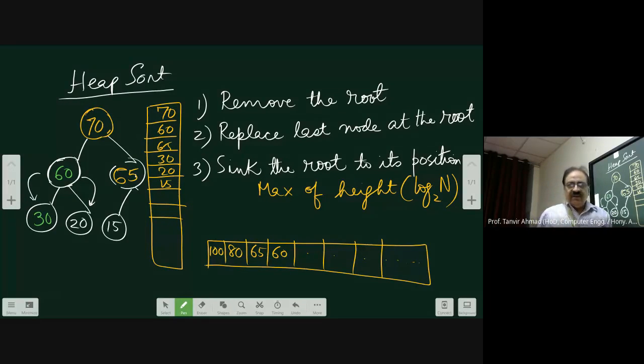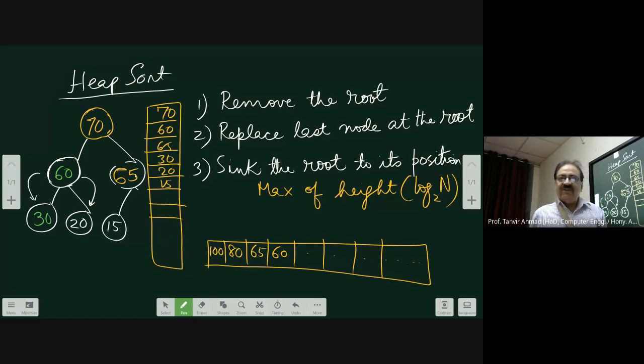That means this should be very clear to you that heap sort requires different steps. First of all, you make a heap. Then you heapify at that moment. And then the sorting step where you delete the root.